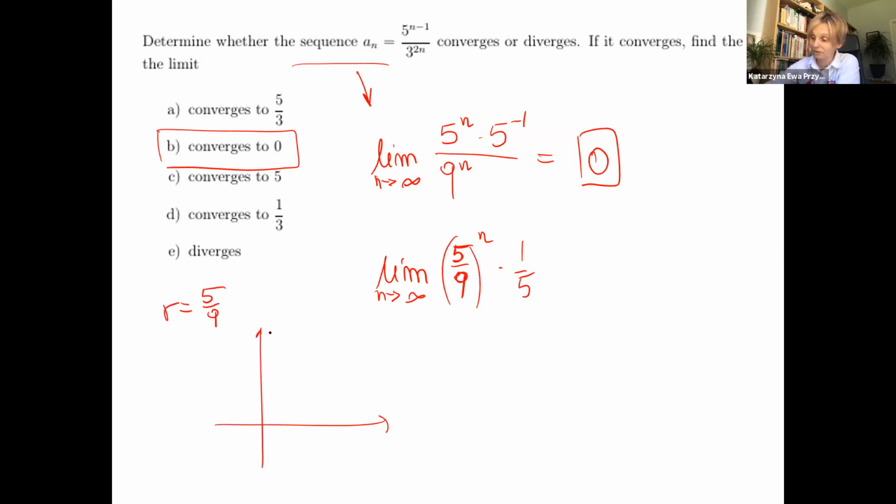Or if we look at this as a function, numbers less than 1, like 1/2 or 5/9, for the exponential function, they behave like this. They definitely approach 0 if the common ratio is less than 1 and between 0 and 1.